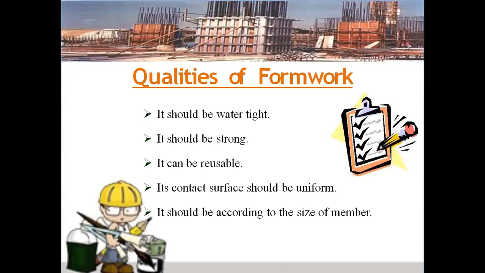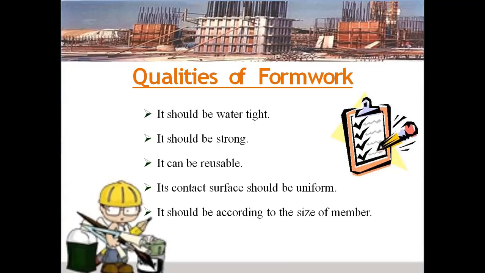It should also be strong enough to withstand these loads and the steel reinforcement provided for slab constructions. The formwork must be strong enough to carry the dead load and the live loads imposed on it, and it should be reusable.